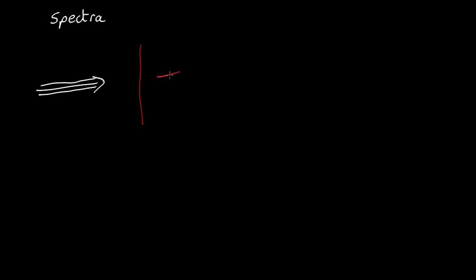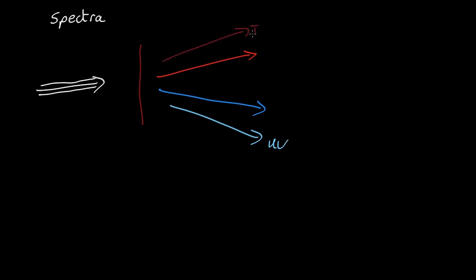And it will send long wavelength light, like red light, one way, and short wavelength light, like blue light, the other way, and for that matter ultraviolet down here, and infrared up there.